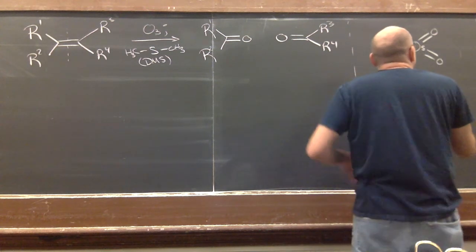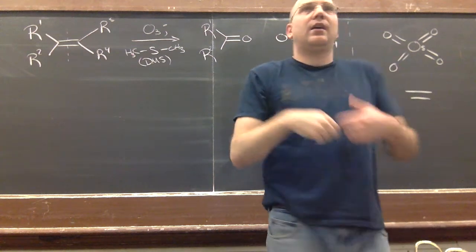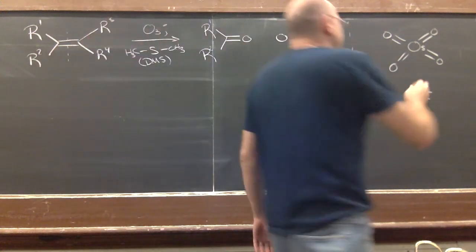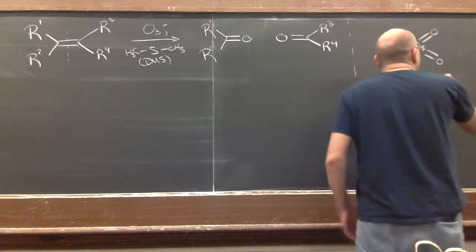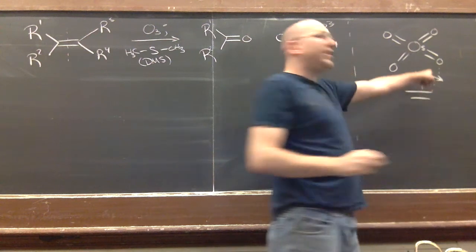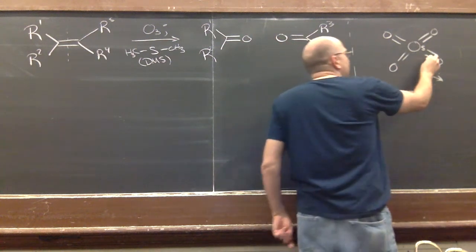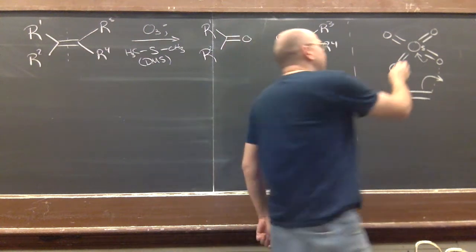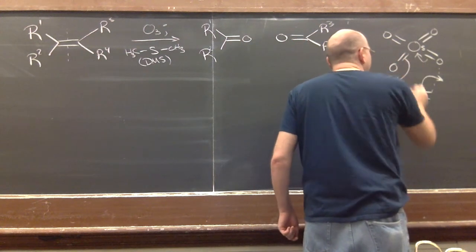Right, remember that first step in osmium tetroxide, where the osmium is at the oxidation state of 8. There was basically a cycloaddition with the osmium that took place, right, where we first made a bond between the carbon and the oxygen. We then dumped electrons into the osmium, which then freed up these two electrons to come down here and make this bond.